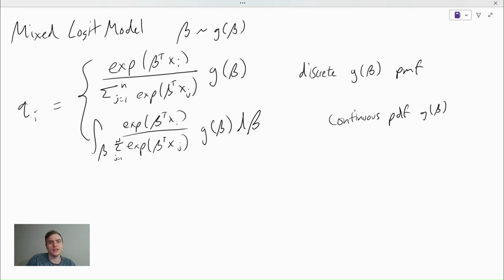In economics, g of beta would also often be assumed to be normal, but then there wouldn't be a closed form integral. You could find it through the normal table, which is found through simulation, or you could evaluate at specific values using an integral calculator, which is basically simulation, like going through a lot of Riemann sums.